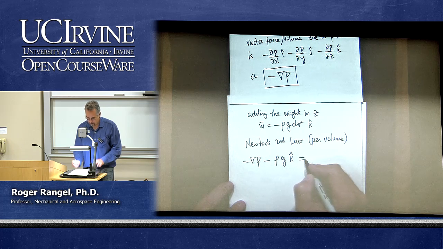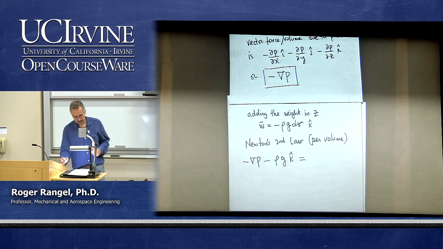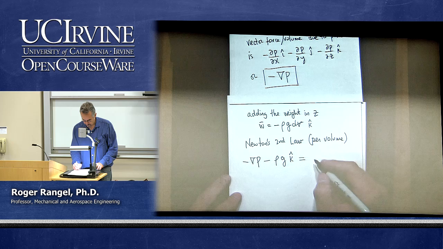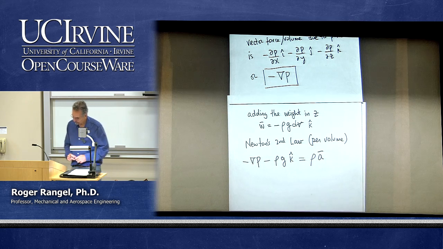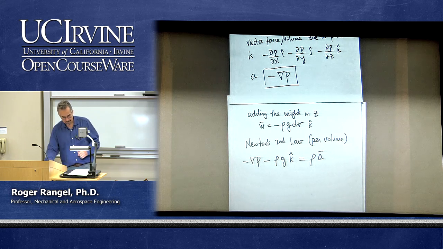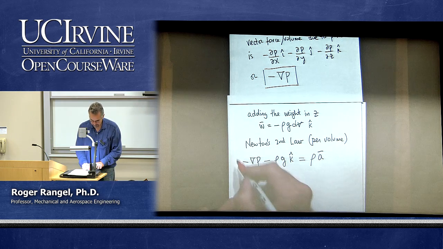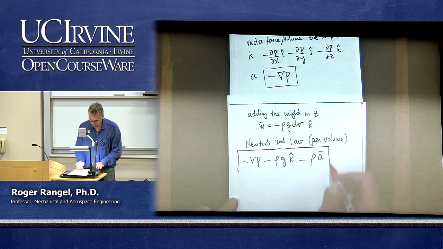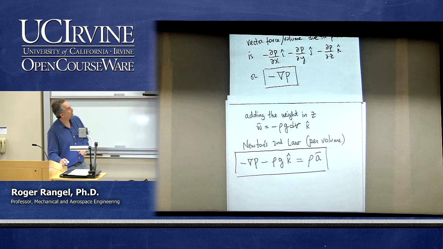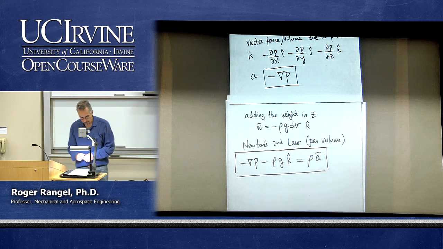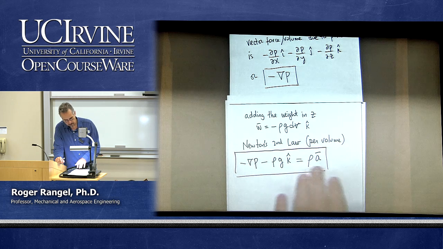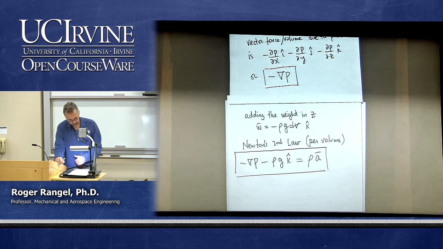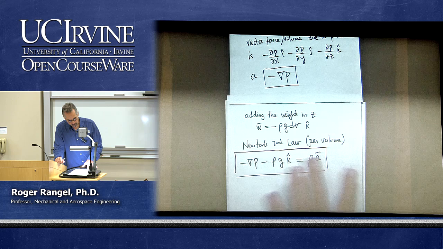And of course this is equal to ma, but I'm dividing by the volume, so it's just the density times the acceleration. And this equation is a very important one for us. It's Newton's second law written per unit volume. So it's essentially the sum of forces per unit volume equals mass times acceleration, but per unit volume for a fluid.